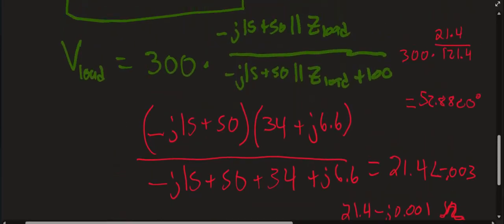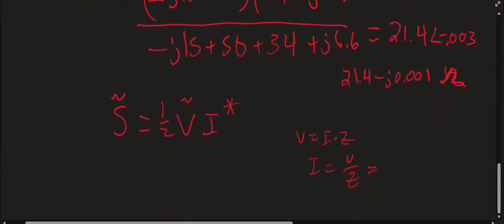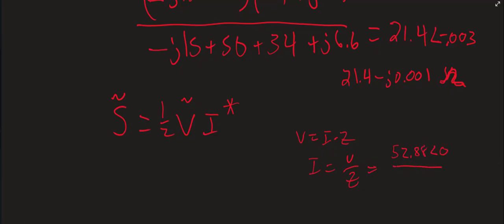We just found V is 52.88 angle 0. Our impedance is 21.4 angle negative 0.003, which is still going to end up with almost no angle. So the current is 2.47 angle almost 0.